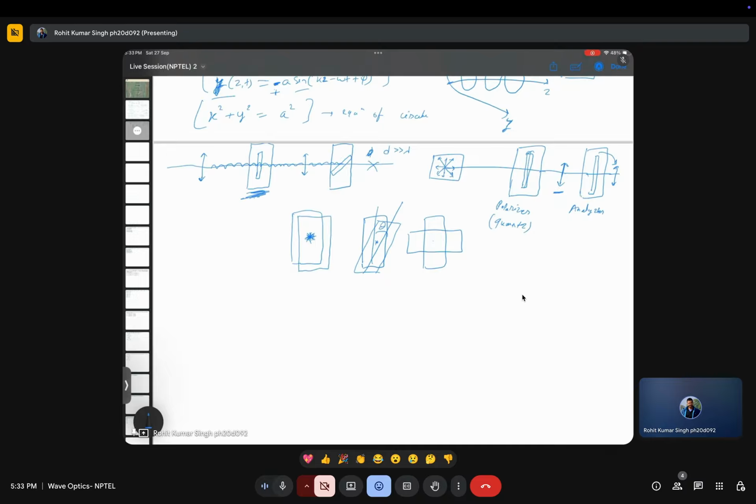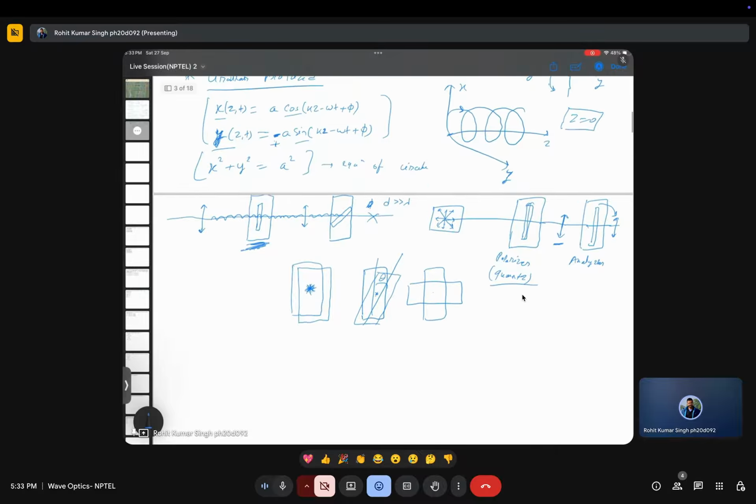So yes, we can use a polarizer to polarize unpolarized light. That's it, okay? We will see later how these quartz crystals do this polarization, and later on there is something called birefringence and various other things. We will study it later. Okay, so just remember it.